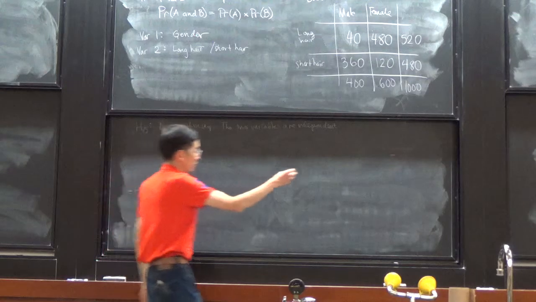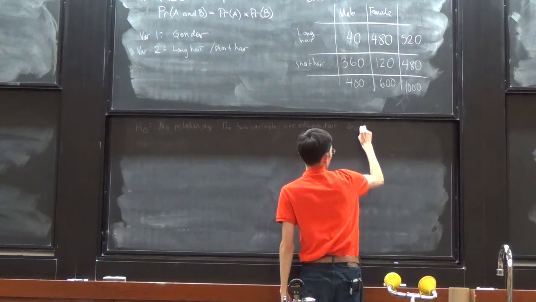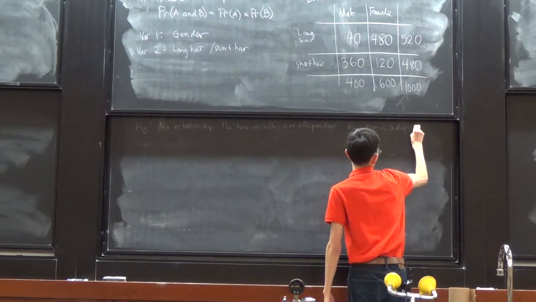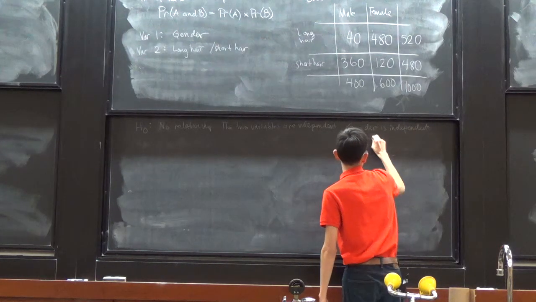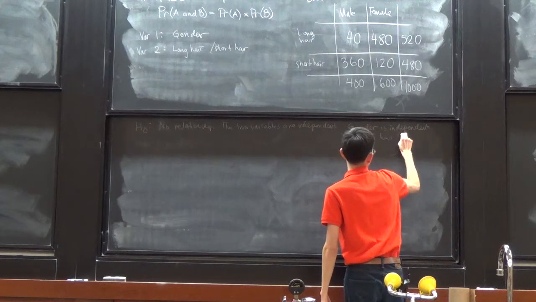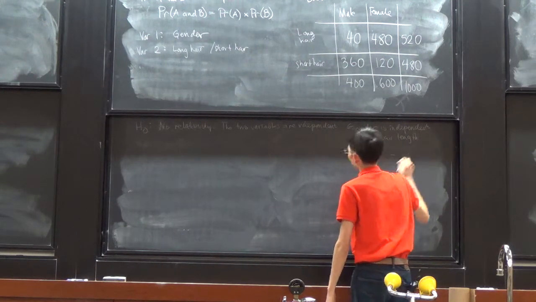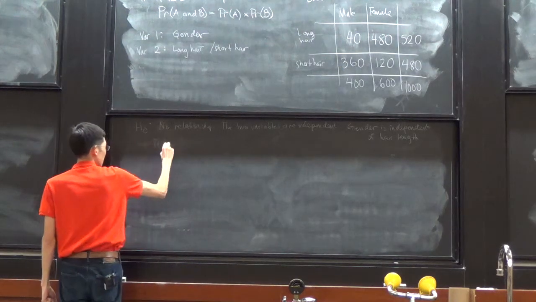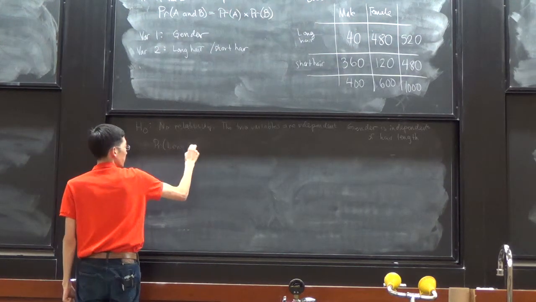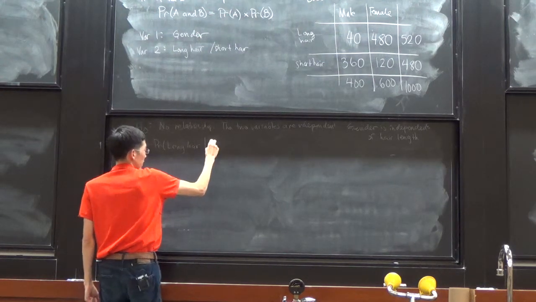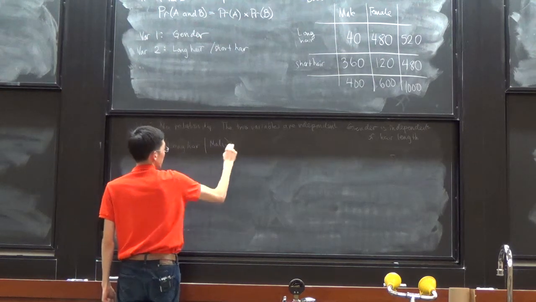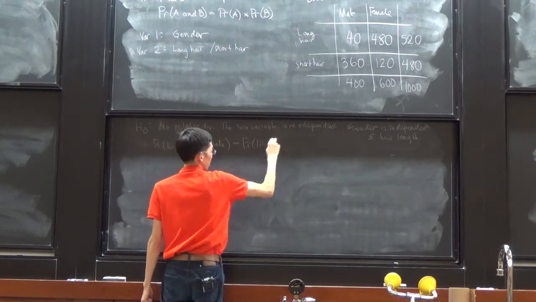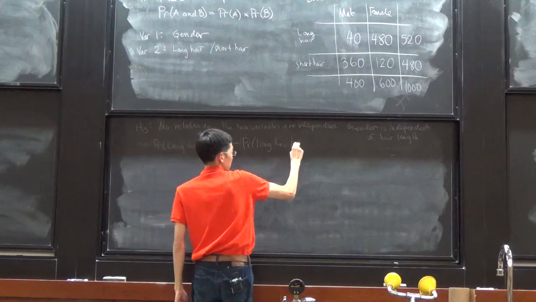So in words, we can say gender is independent of hair length. If we want to use symbols, we could say the probability that someone has long hair, given that this person is male, would be the same as the probability that someone has long hair, given that this person is female.